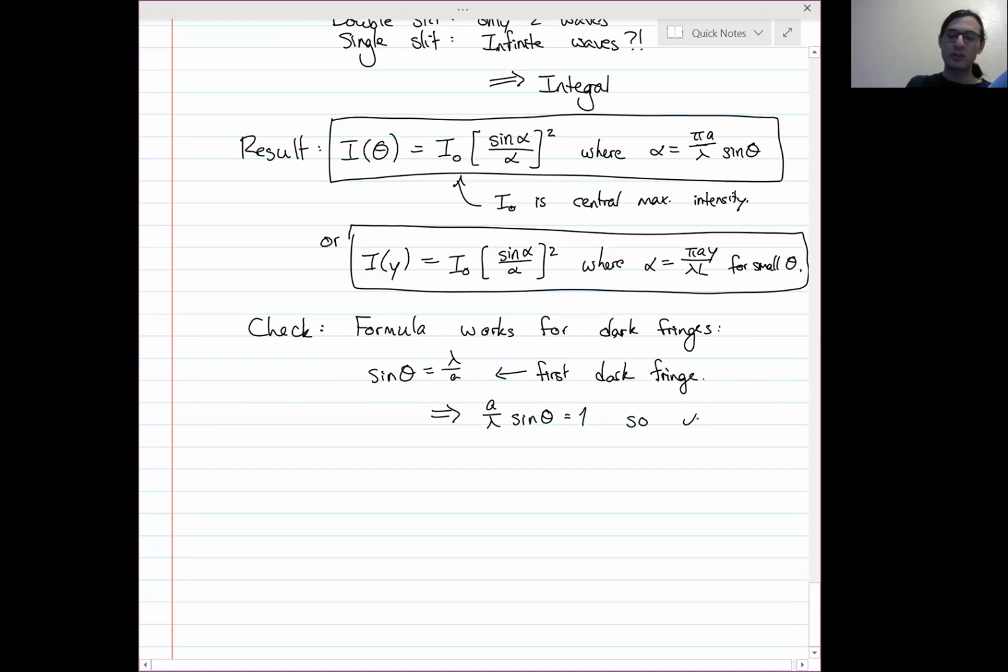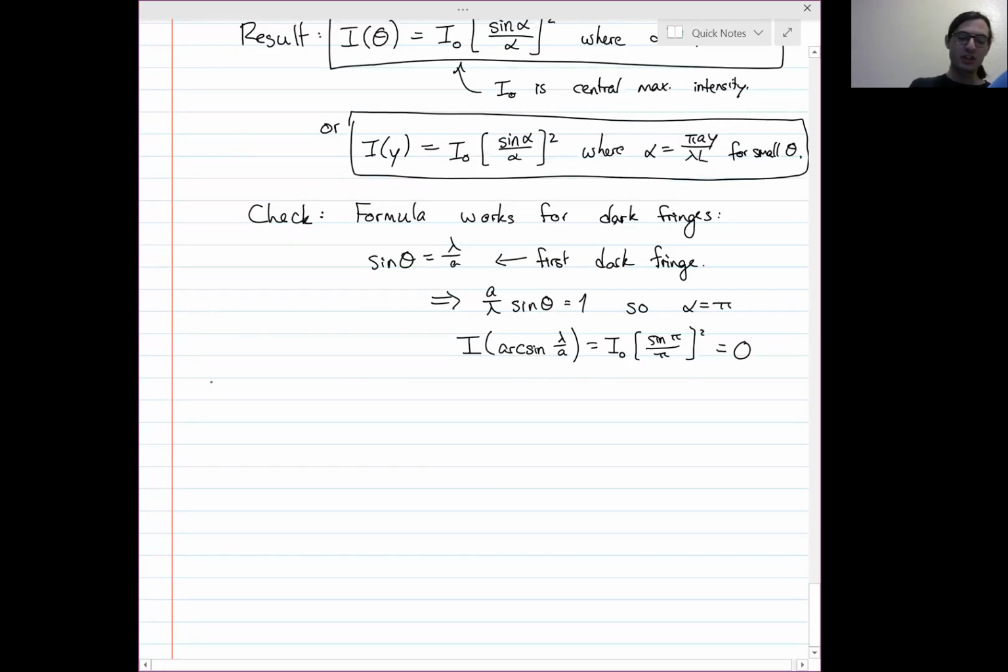So alpha is equal to pi, and so I of arcsine of lambda over a, all I'm saying is plug in theta such that it solves this equation, equals I naught times sine of pi divided by pi squared, which sine of pi is just 0. So we get that we have 0 intensity at the dark spots that we were using before.